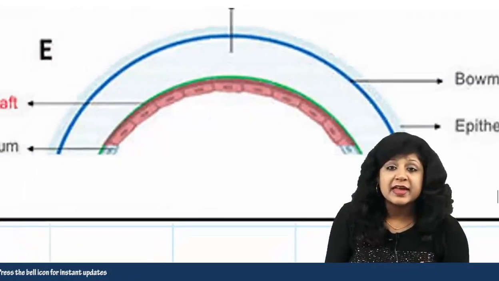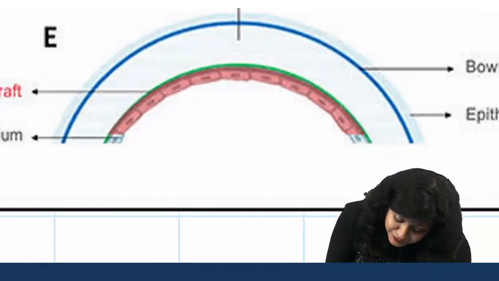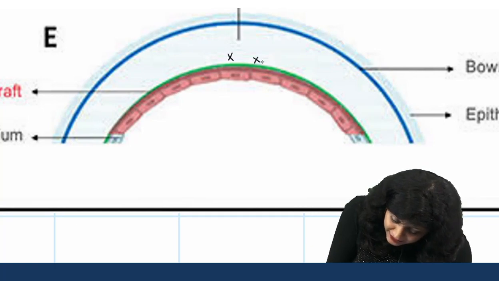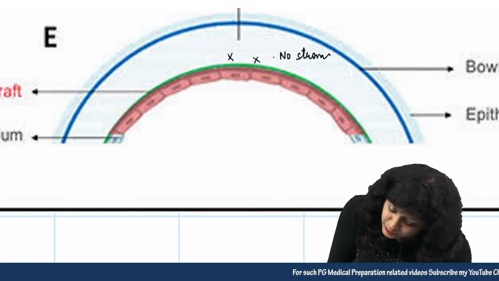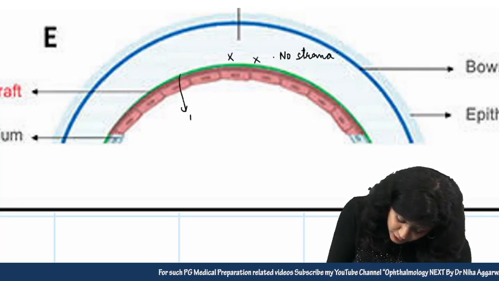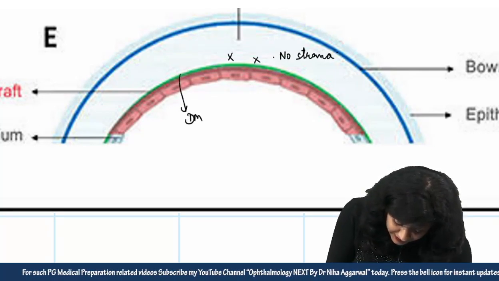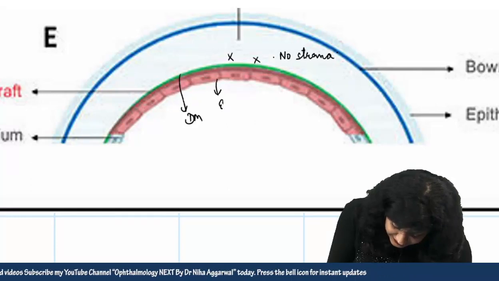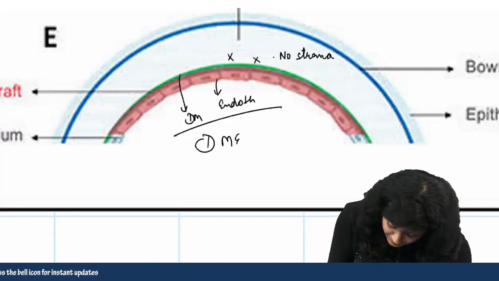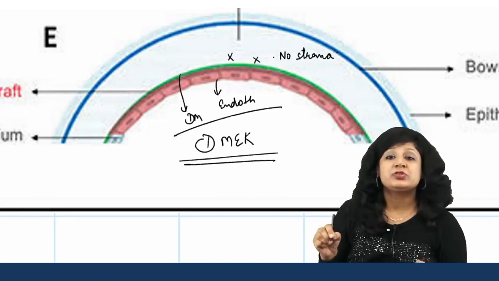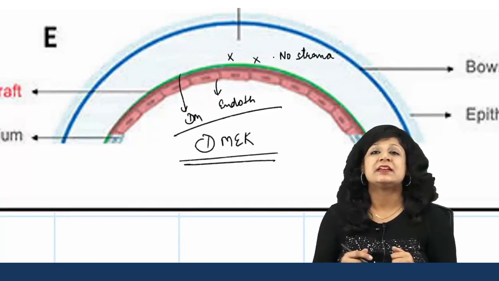Now coming to the other one. Now if you look here, this is the graft which has no pink area, so no stroma. Here you have no involvement of stroma, you have involvement of Descemet membrane as well as the endothelium. So this clearly is DMEK. This is your posterior lamellar keratoplasty, that is DMEK.